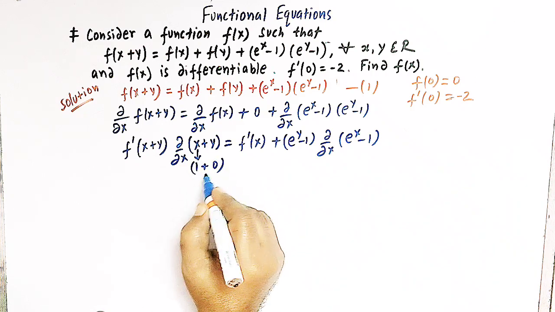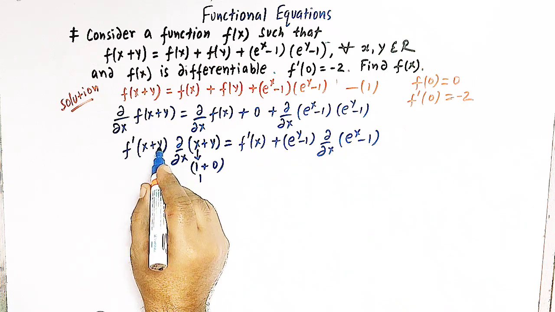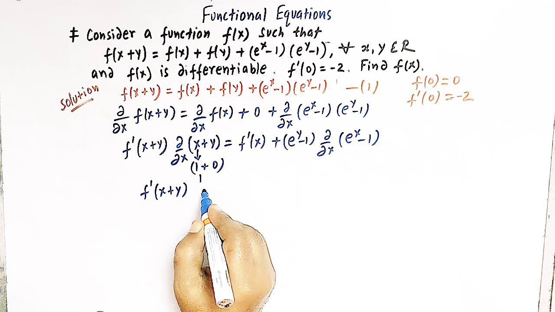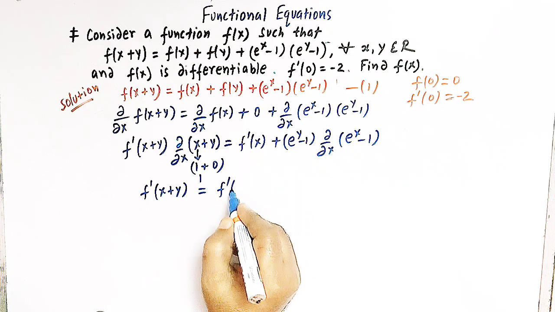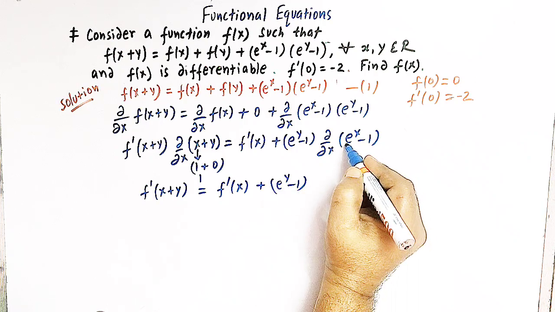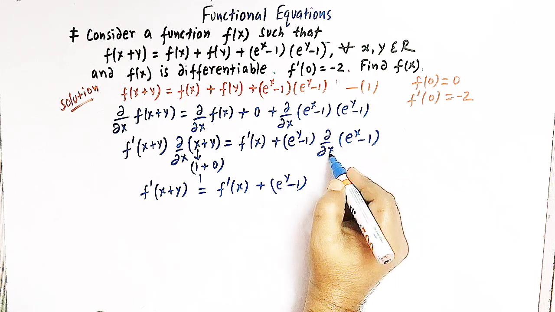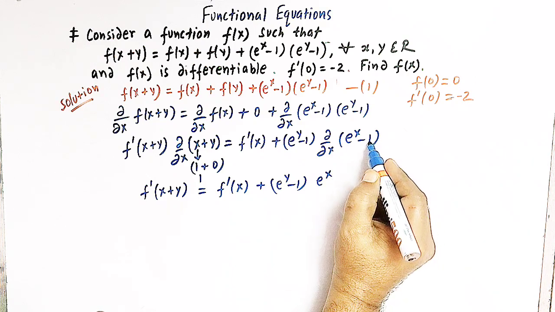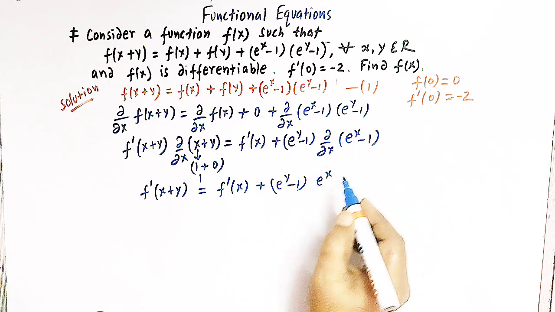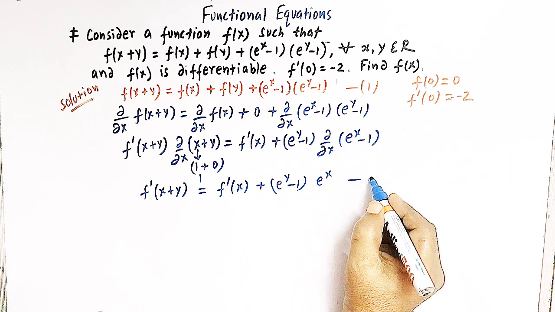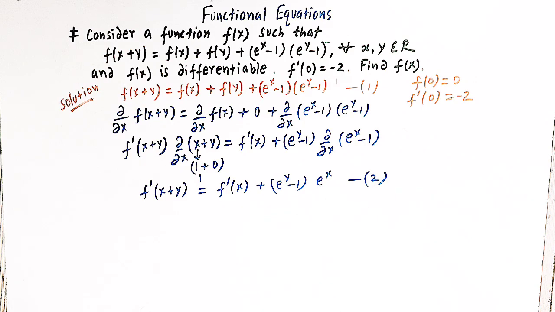So this is 1 plus 0, 1, so f prime of x plus y times 1 is simply f prime of x plus y, and here we have f prime of x, and here e raised to y minus 1. The derivative of e raised to x with respect to x is e raised to x, and the derivative of 1 with respect to x is 0, so we have simply e raised to x. So let us call this equation as equation number 2.